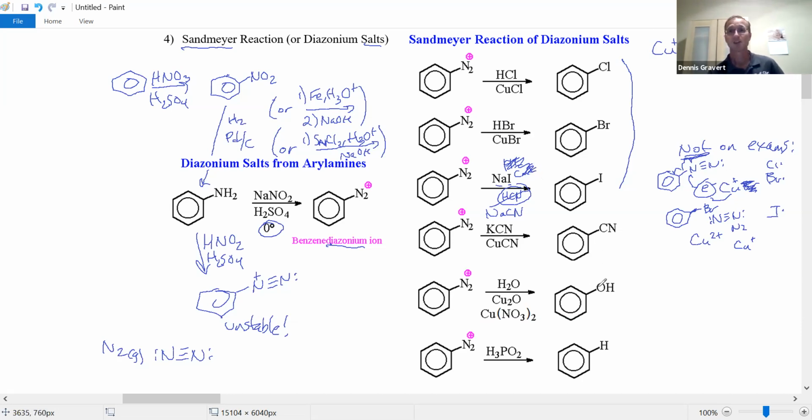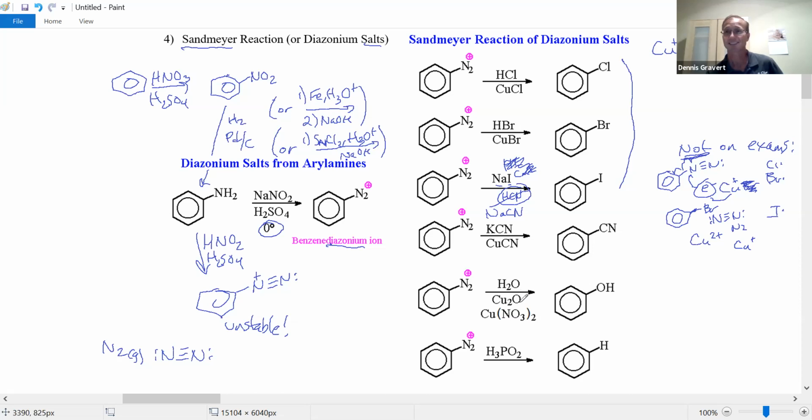Cool. You can also change the diazonium salt to phenol, add an alcohol group. So now your reagents have to supply the OH group. Well, that's water. Has the OH group in it. But you need a copper catalyst. So here's a copper 1, but you don't want cyanide or a halide, because if you had that form of copper, copper bromide, copper chloride, copper cyanide, then the cyanide, copper or bromine might substitute for the diazonium salt.